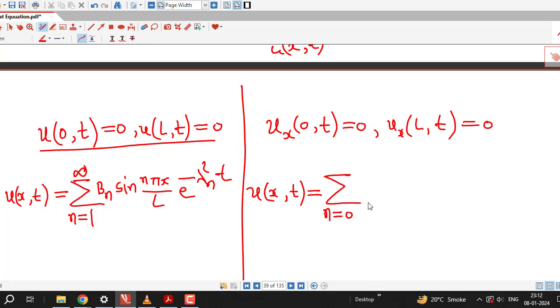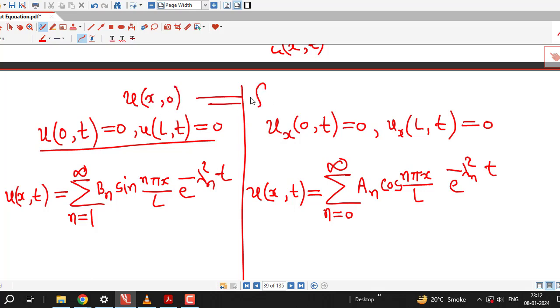Instead of sine terms we have cosine terms, and these coefficients are denoted by a suffix n: cosine n pi x by L e raised to minus lambda_n square t. And in both the cases, what is common? Initial condition is common, u(x,0) equal to f(x) for all time t greater than or equal to 0.